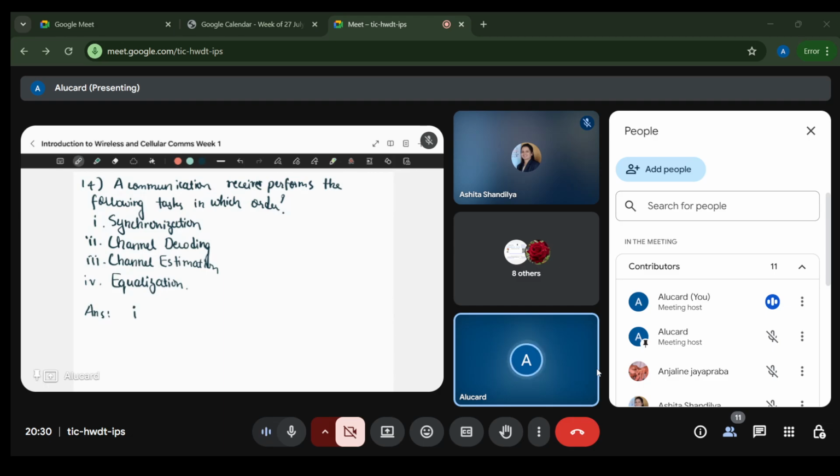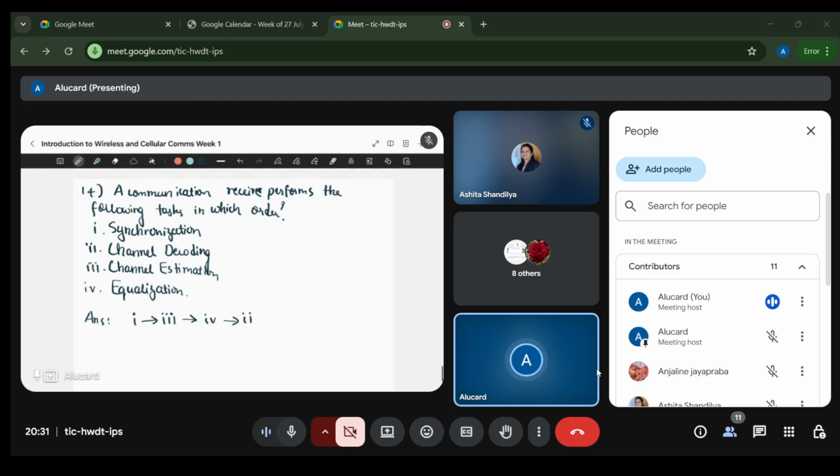So one is first, then you'll do estimation, then you will equalize, and only then you will decode. So obviously, transmitter and receiver should be properly synchronized first before doing anything.